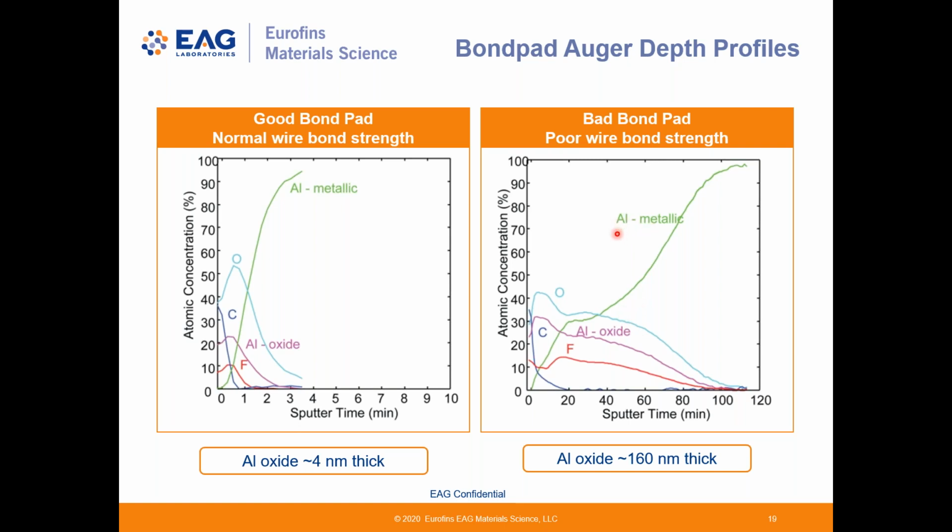And I'd also like to point out that you'll see two forms of aluminum in both profiles, one in the oxidized form, the other in the metallic form. Auger spectroscopy is mostly an elemental technique, but there are certain situations where we can sense chemical bonding, and aluminum is one of those elements where we see a very large chemical shift in the Auger aluminum peak energies, and the line shapes are also quite different.